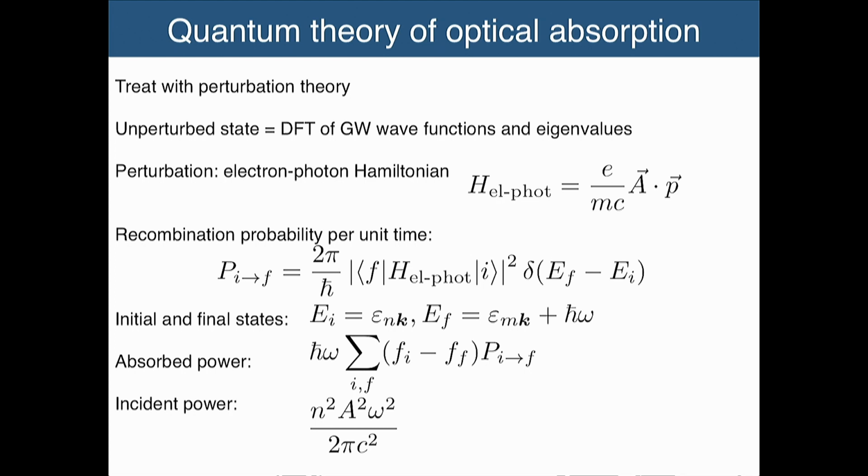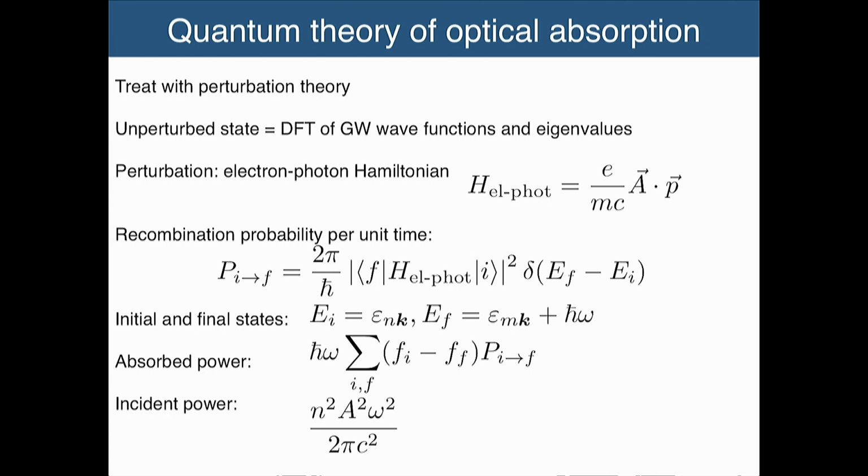And then you act on them with the electron-photon Hamiltonian. You assume you're sending in an electromagnetic field, so it's characterized by the vector potential A times the momentum operator P. In some sense, this is the dipole approximation. It's like the electric field coupled to the dipole moments in your material, but it's easier to work in momentum space because extended solids don't have a well-defined position operator. It needs more complex math to work it out.